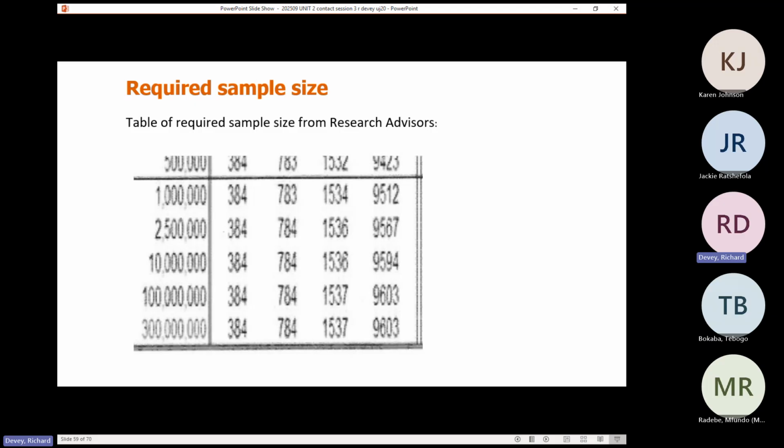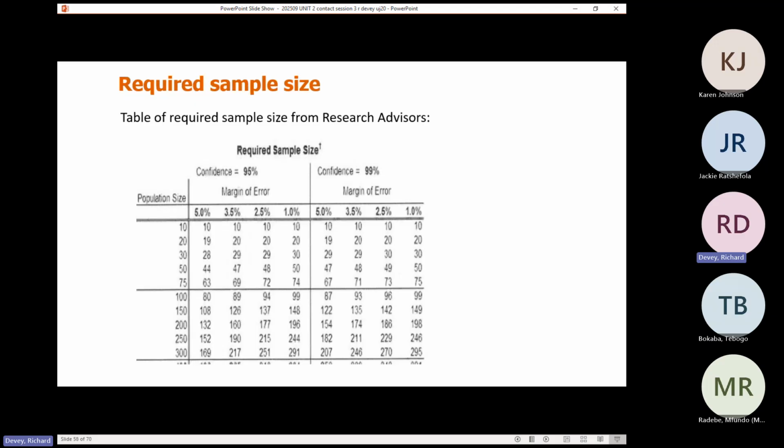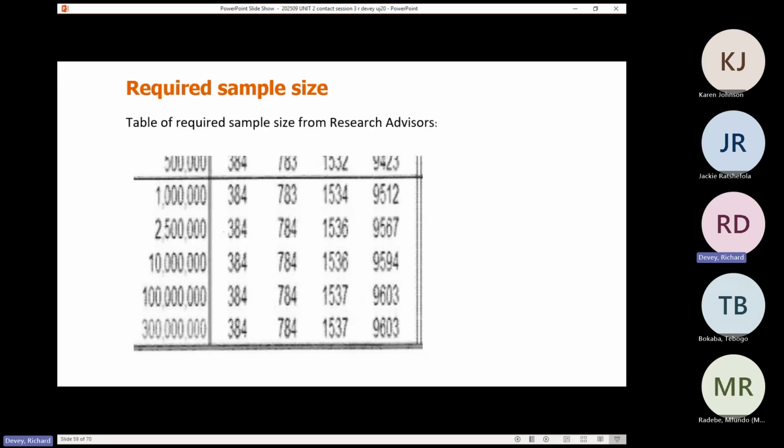And if you've got a population of 300 million, the recommended sample size is still 384 at the level of 95% confidence and a 5% margin of error. And then obviously the required sample size gets bigger if your margin of error is lower.